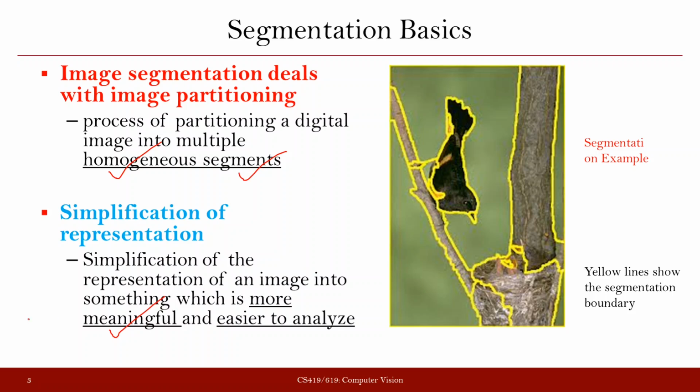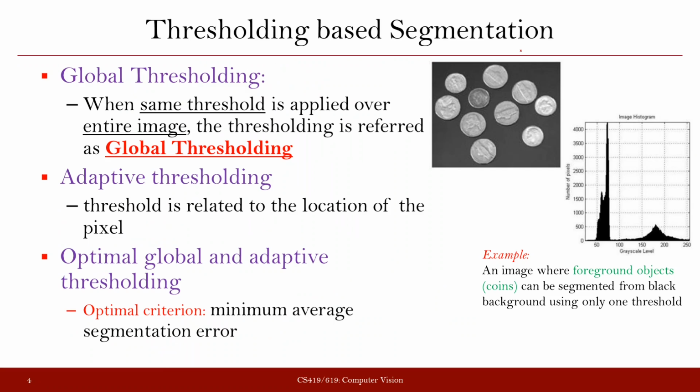Whatever the outcome of this process, it makes it easier to analyze that image. As we discussed in the last class, if this is the given image and we segment it into multiple segments, then by analyzing those segments we can tell which part is the bird, which part is the trunk, which part is the background, and so on. So a lot of details and tasks can be performed based on the segmentation outcome.